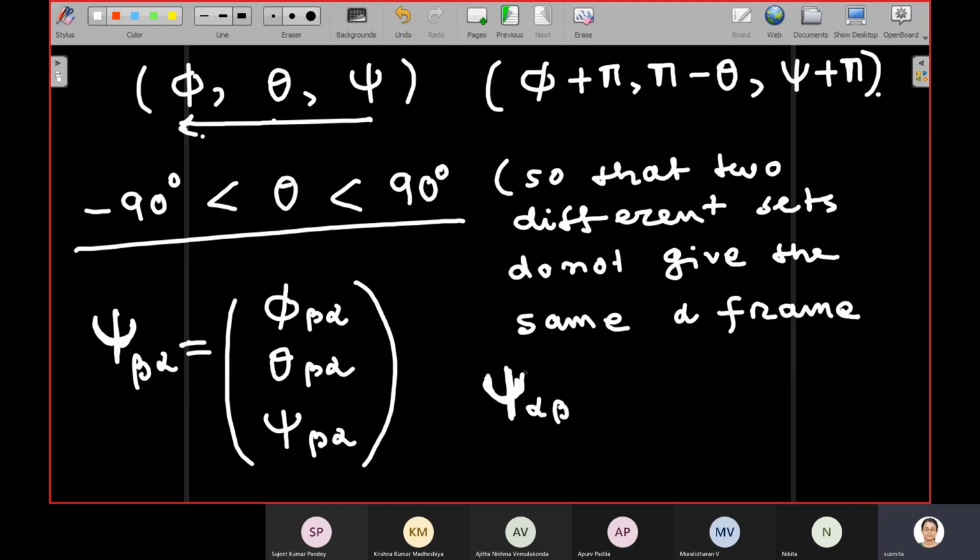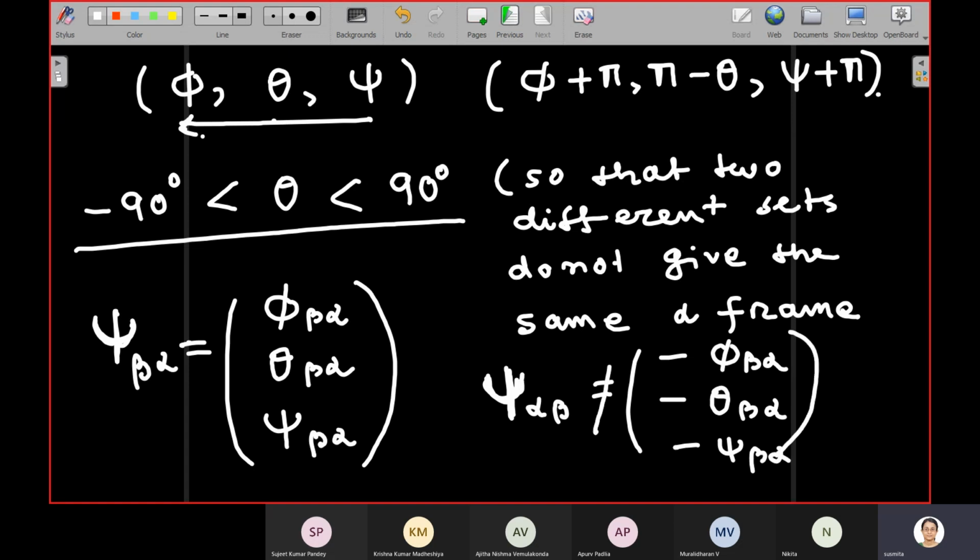Then we are interested in finding the attitude or orientation of the beta frame with respect to alpha frame. Now if you think that this is equal to minus of the angles, then this is not correct. So just by reversing the angles, you cannot go back to the beta frame.